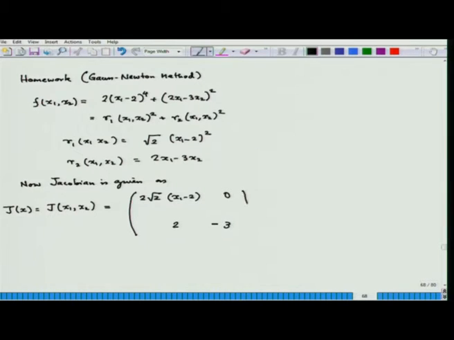So, this J(x1, x2) is of rank 2 when x1 is not equal to 2.